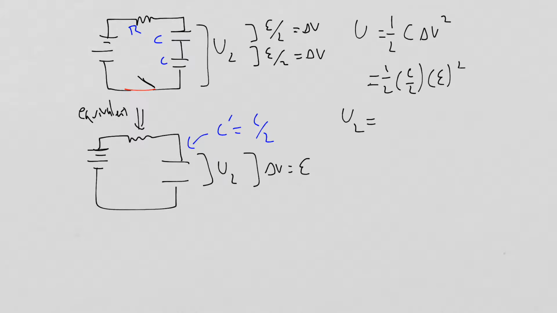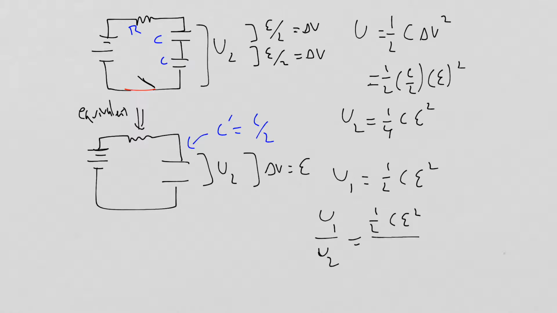So U2 equals 1/4 C epsilon squared. And the original energy is simple. It's 1/2 C epsilon squared. So U1 over U2 is 1/2 C epsilon squared over 1/4 C epsilon squared. A lot of stuff cancels, and we're left with 2. So that's B part 1.